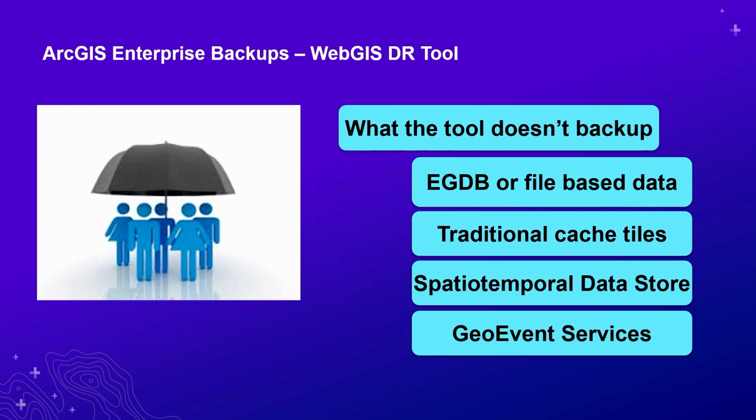This is any data that's used in services published to server. Any traditional cache tiles, so the map service cache tiles, they're simply too large to include within a backup. And any data within the spatial temporal data store or GeoEvent services, these need to be backed up manually, along with your processes to back up your deployment using the DR tool.